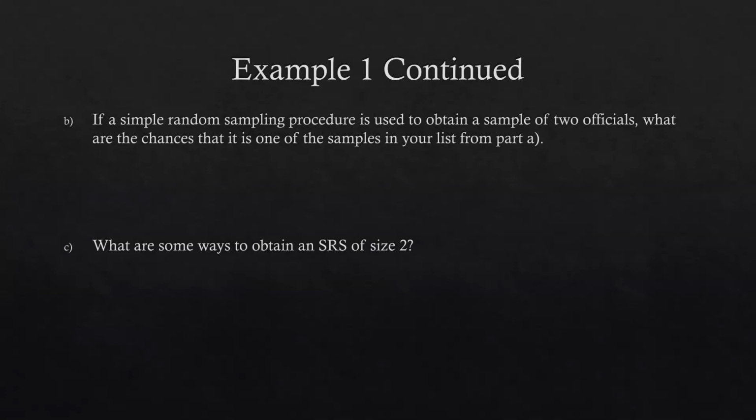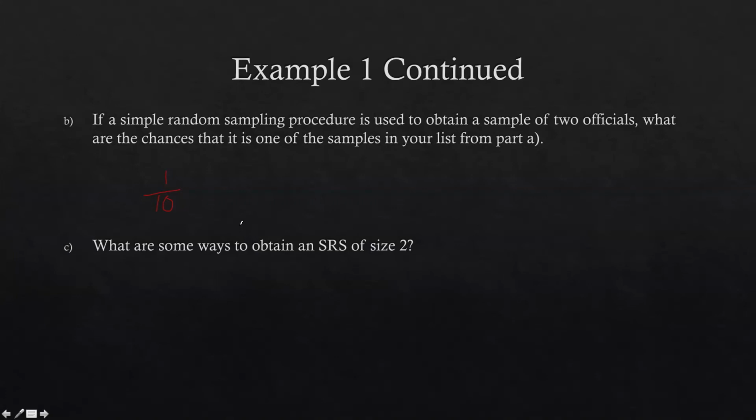Well, there are 10 possible samples of size 2. So, we have a total of 10. So what are the chances that we're going to get one of the samples? Well, that would be 1 out of 10. Okay, that would be your chances to get one of the samples.